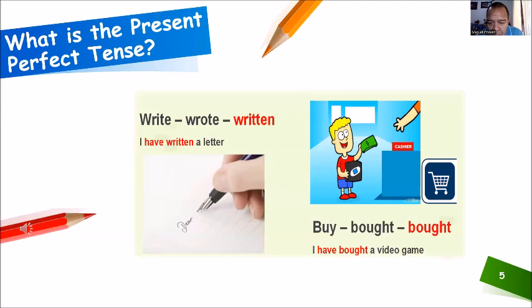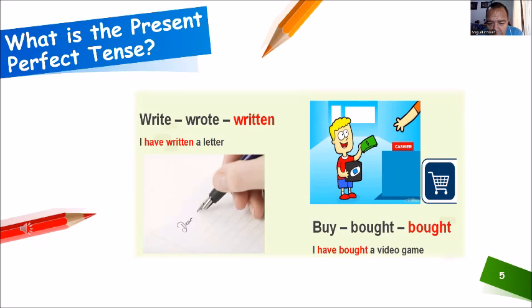After this, we are going to see what the present perfect tense is. The present perfect tense describes an action that happened in the past that is directly related to the present, such as actions that are continuing or that indicate a change over time. It is one of the common verb tenses in English.